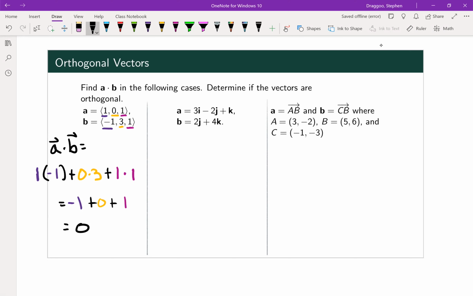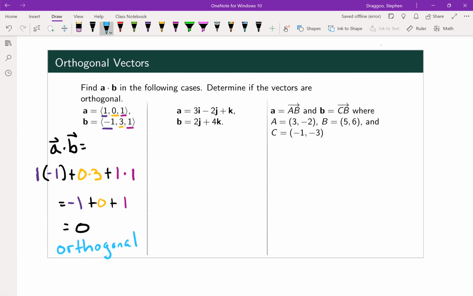And so we said that as long as the dot product came out to 0, we had a set of orthogonal vectors, because the angle between those two vectors must be 90 degrees, because the cosine of theta must come out to 0. Orthogonal for those two vectors. And again, the dot product comes out to just a number because we take all of the components of our vectors and multiply them together.